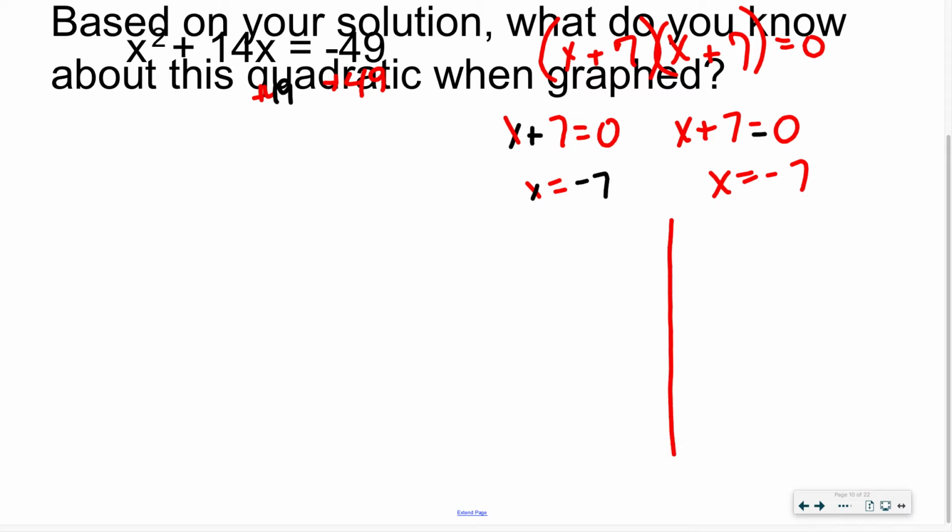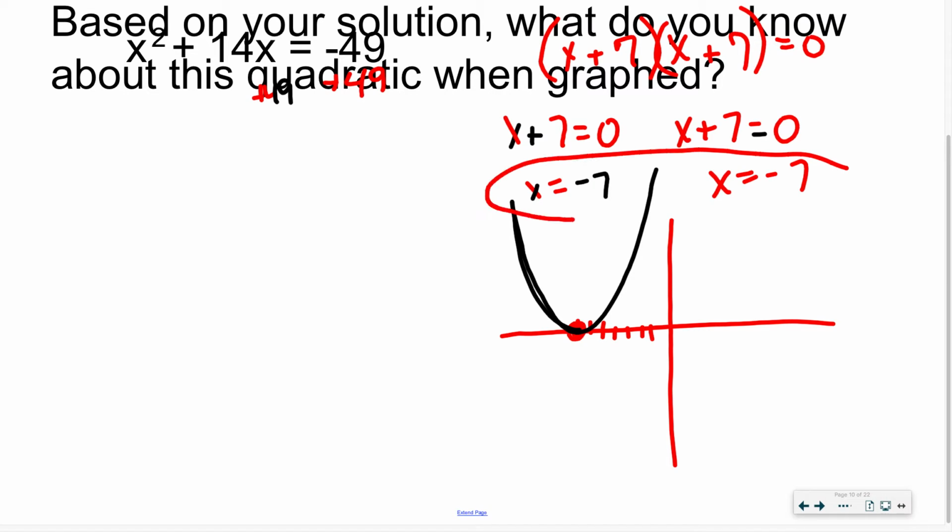Yeah, there's only one solution here. These are the same number, which means this is where our graph would touch the x-axis. That would be the vertex as well. But that represents one solution. So when you calculate, you're still coming up with two values, but they're the same number. And so that represents one solution.